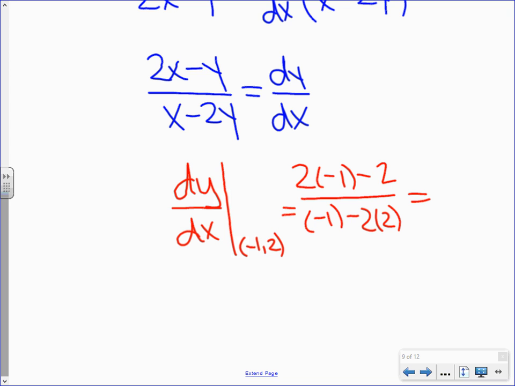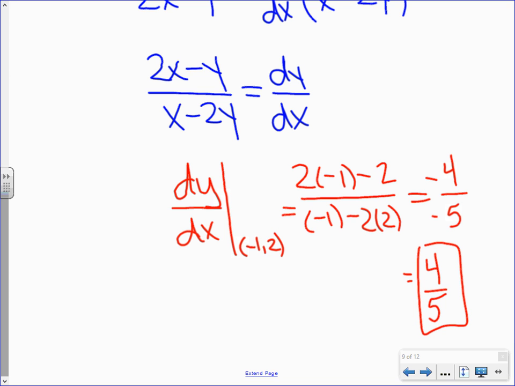Plug -1 in for x, plug 2 in for y, and what is our slope? Okay, -2 minus 2, over -1 minus 4. So our slope is 4/5.